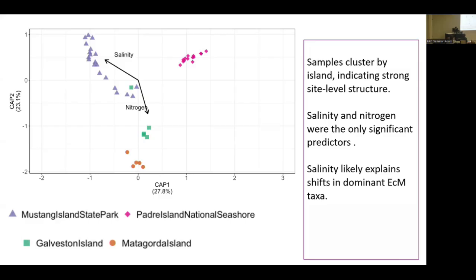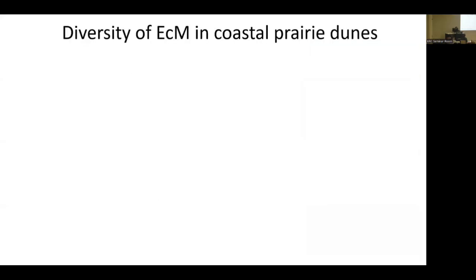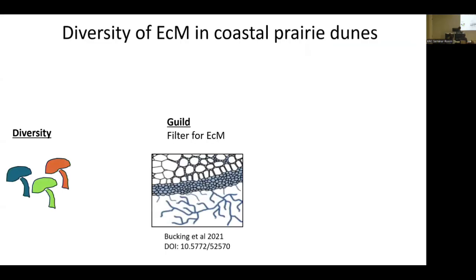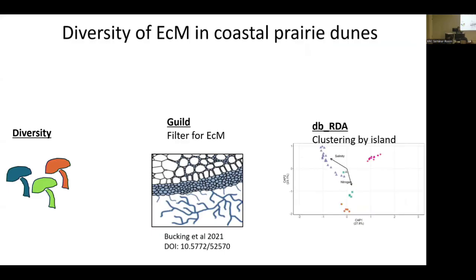So, diversity of ectomycorrhizae so far in the coastal prairie dunes in this vital ecoregion. We looked at the diversity metrics. And then from the entire microbiome diversity, I filtered for a specific guild, ECM. If I wanted to filter for another guild, you totally could. And then in just preliminary analyses, we looked at this clustering by island.